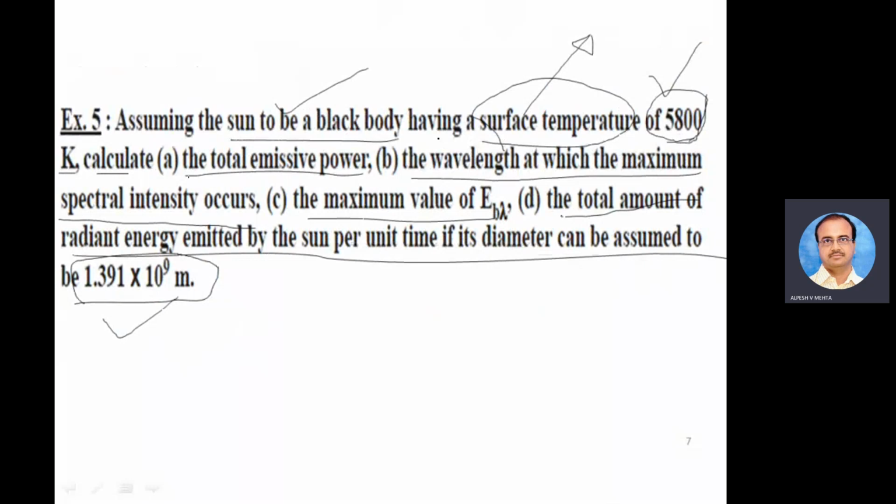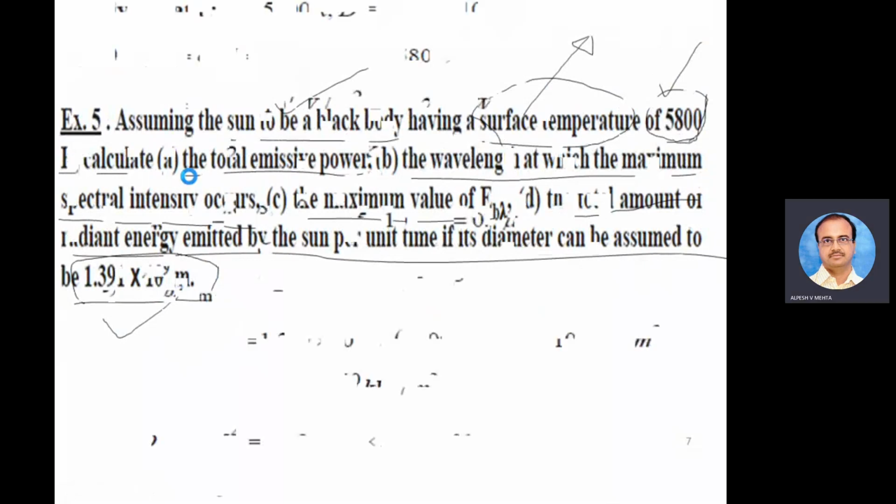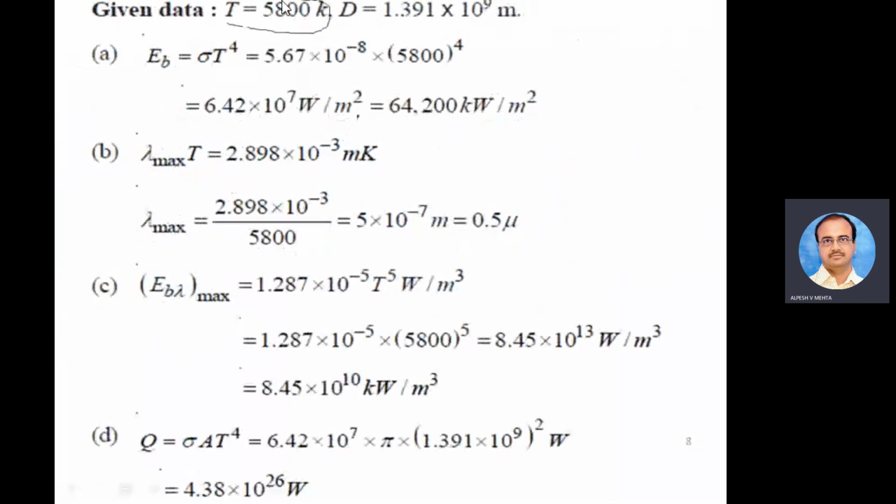Let us try to solve this. Here you can see the temperature is given in Kelvin, that is 5800. Diameter of the sun is given, 1.391 into 10 power 9 meter. Now our first task is to find out the total emissive power of the sun, that is EB.